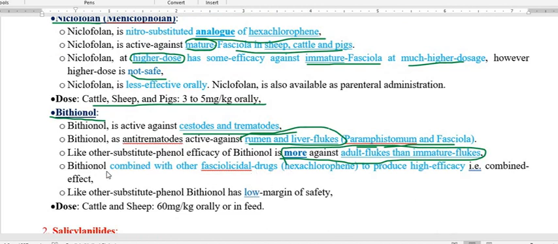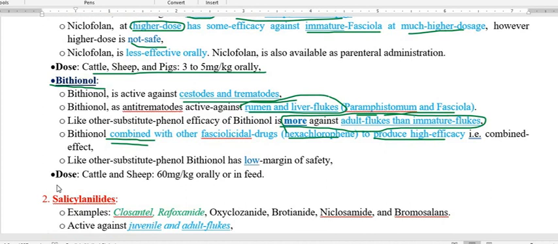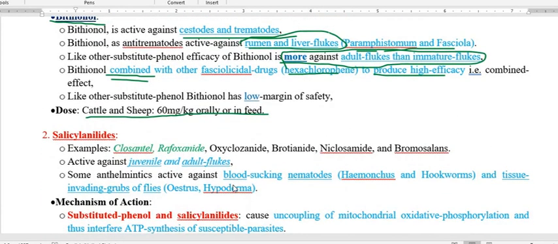Bithionol is also used in combination with hexachlorophene to produce high efficacy. The dose of bithionol for cattle and sheep is about 60 mg per kg body weight orally or in feed. So this is all about the substituted phenols.